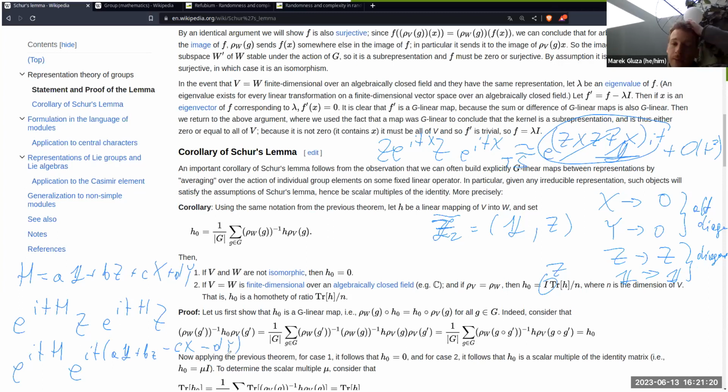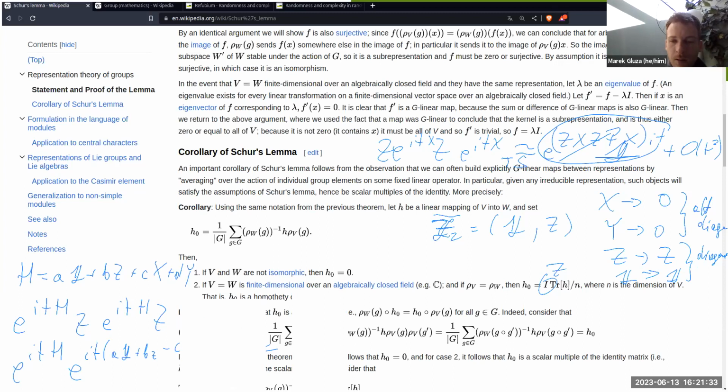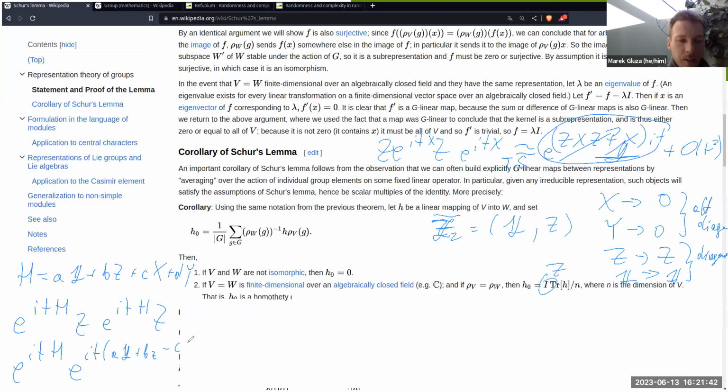Now I have two possibly non-commuting operators, so it's really an approximation here. Let me put the whiteboard. So I need to write CX plus, the point is that it's minus DY. And approximately I can put them together.